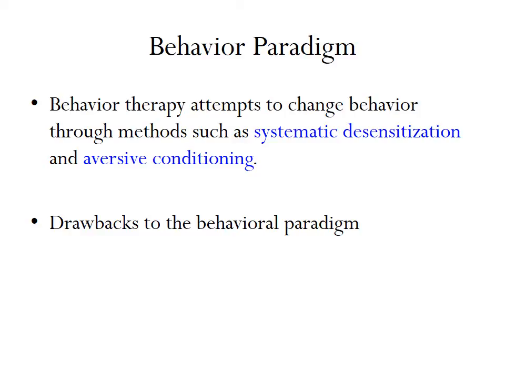The behavioral paradigm also assumes that all disorders and all behaviors are learned. But that's hard to explain for some disorders. For example, schizophrenia. How do we explain schizophrenia as a learned behavior?